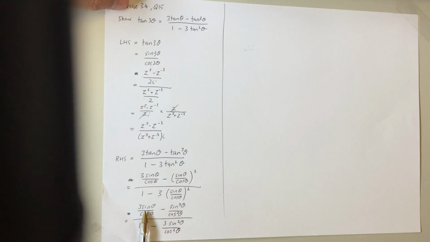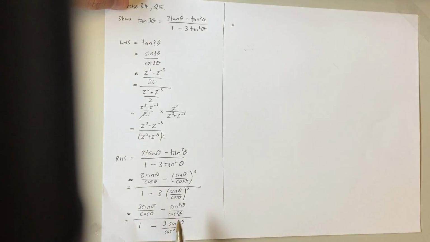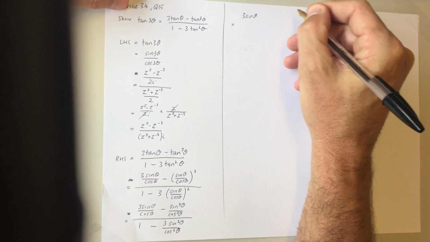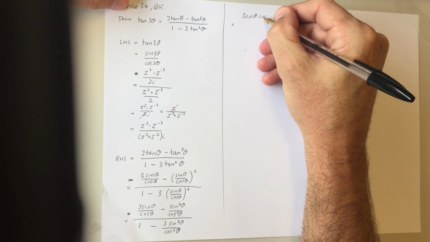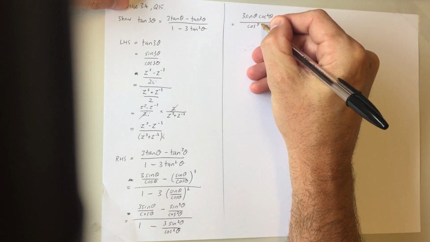If we start to substitute in now for our expressions for sine theta, that's going to get pretty horrible. So let's try to simplify this fraction first, just to save all that extra work. So let's look at the numerator. This one here has to be the same as this denominator, so we can do the subtraction. So we're going to multiply the denominator and the numerator by cos squared theta. So it'll be 3 sine theta cos squared theta over cos cubed theta.